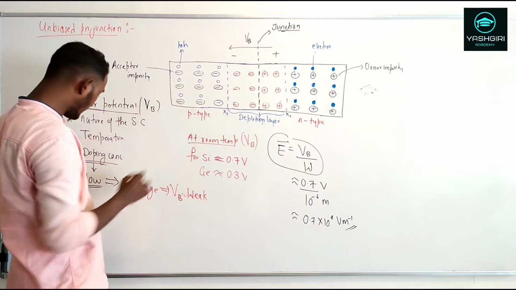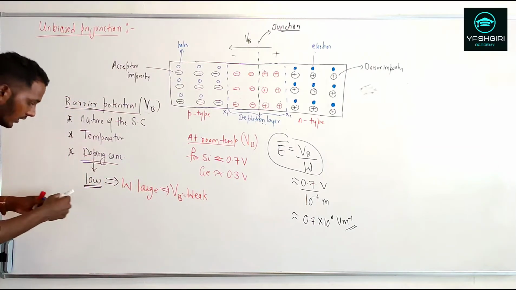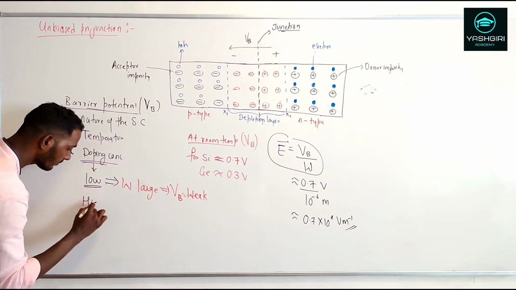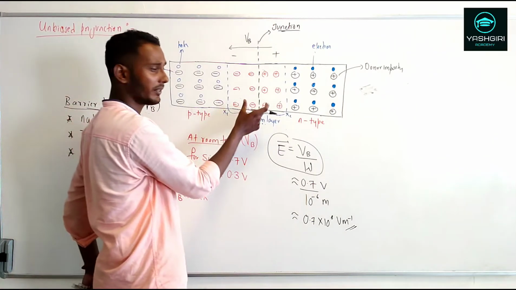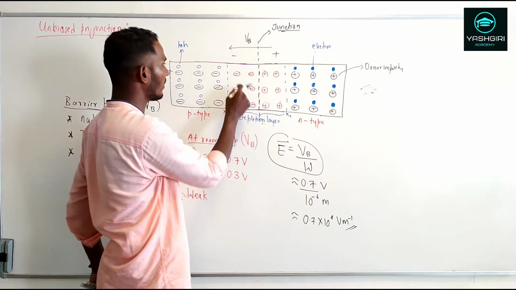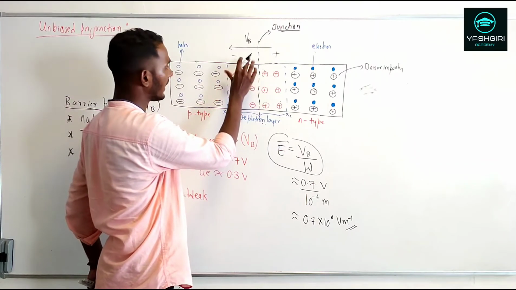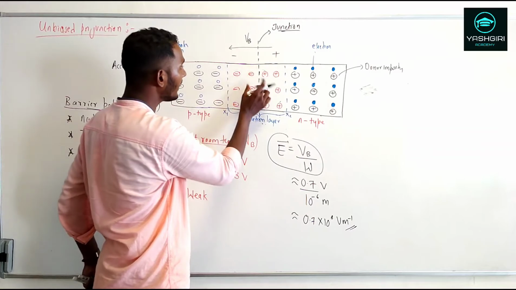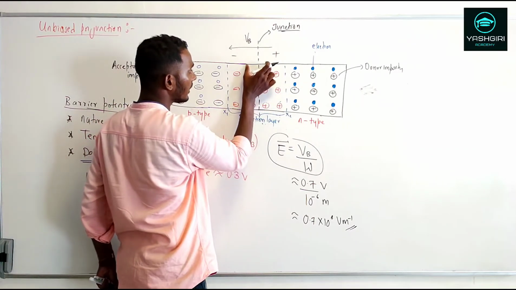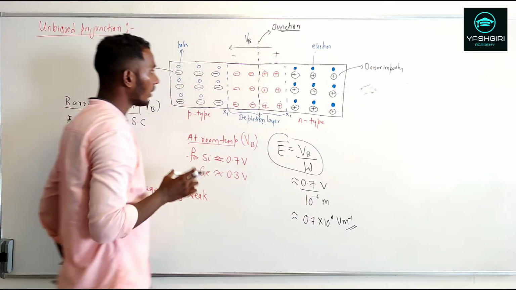Now, when the doping concentration is high, an electron has to travel a very small distance, because at the junction itself there will be a large number of electrons and holes. So the depletion layer will be in a very short region.